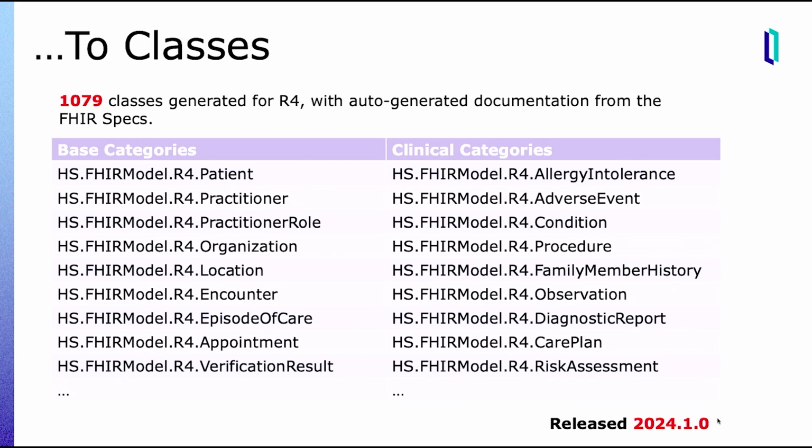Now, this generator generated 1,079 classes for R4. You know that there aren't that many resources. So why 1,079? It's because, as Pat was showing, those objects have inside them other objects.